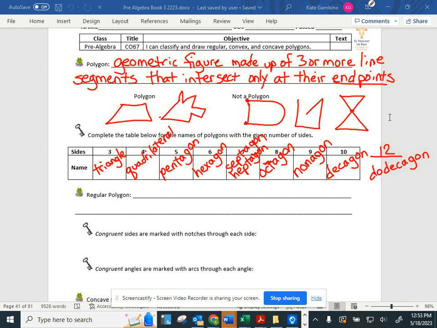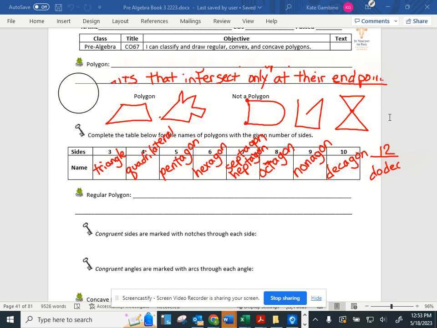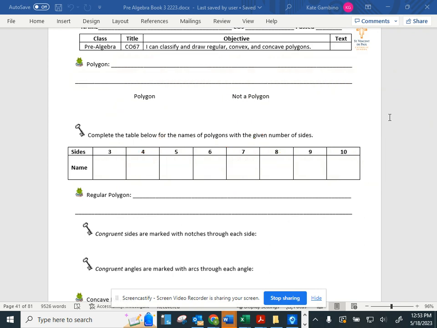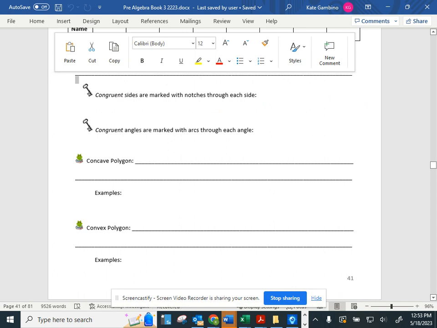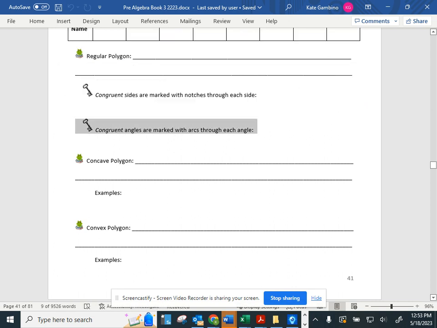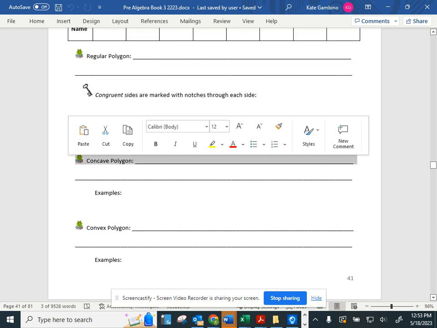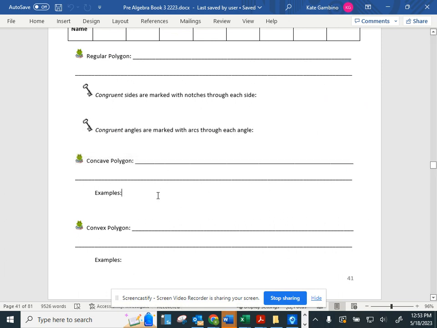So I'm going to erase this and scroll up. A regular polygon, for goodness sake. There we go.